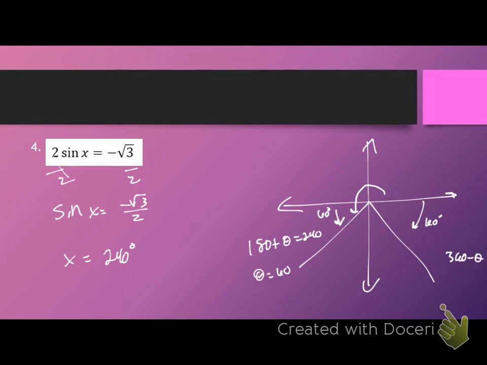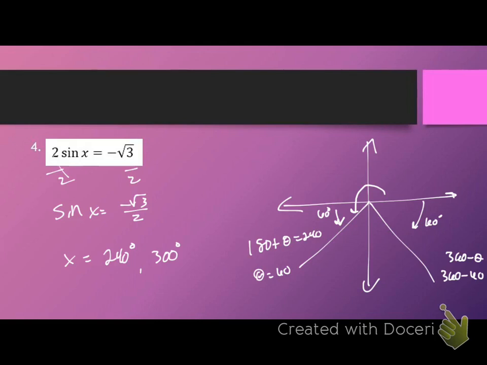Theta is the distance away from the horizontal. So here we've got to take 360 minus 60 and get 300. And those are my two solutions. Okay? It's always at a distance from either 180, a distance from 0, or a distance from 360, is another way to look at it.